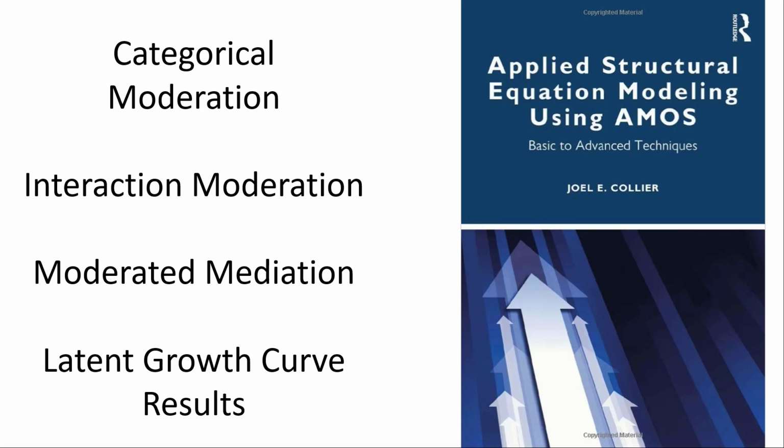So if you're looking for more information about how to present results of moderation, I'd encourage you to check out my book. I can't put it all in this video, or this video would be like an hour long, because it does get complicated when you're talking about probing interactions, highs and lows, and the best way to present those.